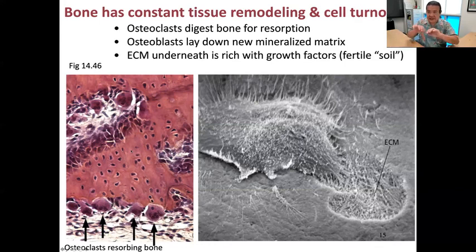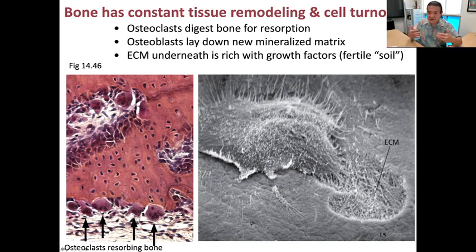Osteoblasts are the cells that lay down the newly formed mineralized material. Not surprisingly, if this process is constantly going on in your bodies, the extracellular matrix is very rich in this environment with all kinds of growth factors. And you can see here an osteoclast digesting away this mineralized bone layer. In this spot, it's digested away this layer, and what do you see underneath?